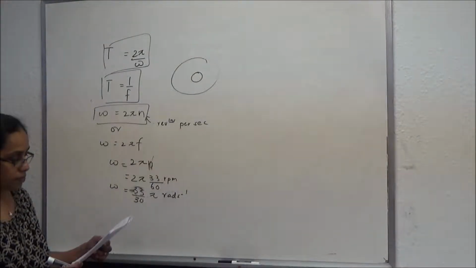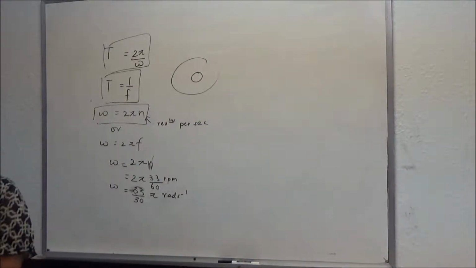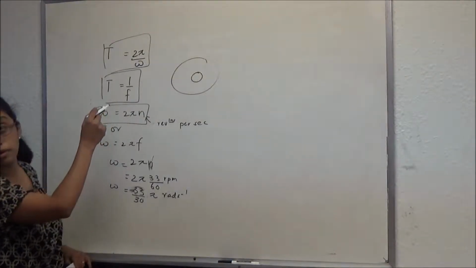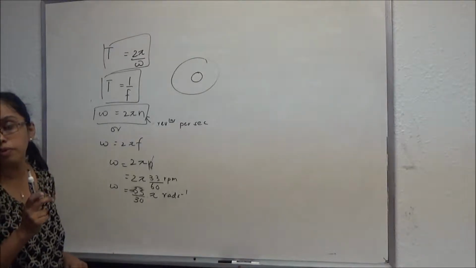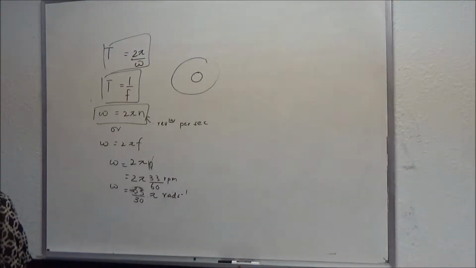Alright. Estimate the magnitude of the Earth's angular velocity around its axis. So what should that be? Which equation should you make use of? They have not given us any data. We don't have anything, but we know everything.